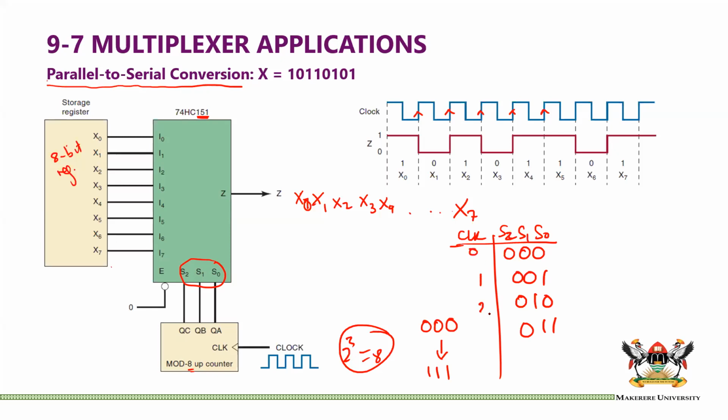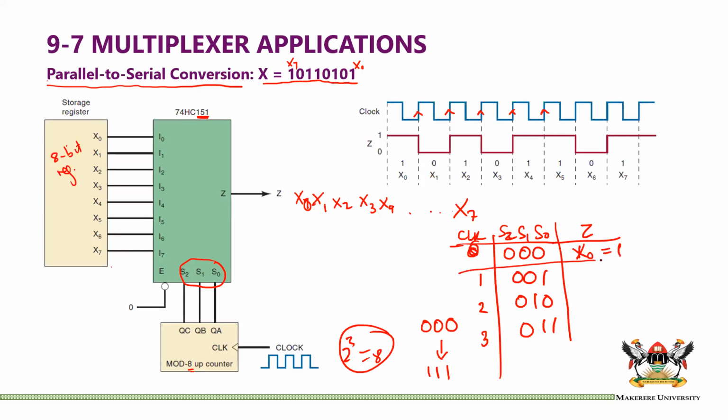0, 1, 2. Let's look at an example of this. Before we clock, this is our X value. So X0 to X7 are there. Before we clock, these inputs are there. So you can assume that our output, let me say Z, is 1, since X0 is equal to 1.